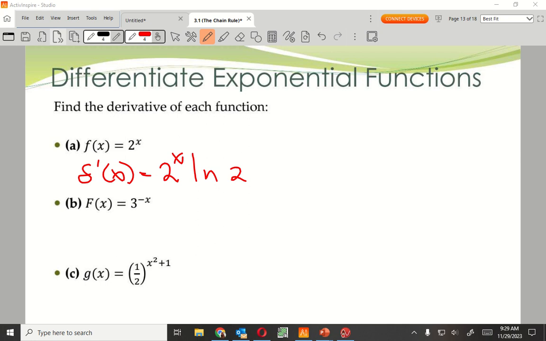All right, so let's do the next one. And with the negative, I'm going to rewrite it. I'm going to rewrite it up front, so my f prime of x is 3 to the negative x, right? Yeah, but what if I want my x to be positive?